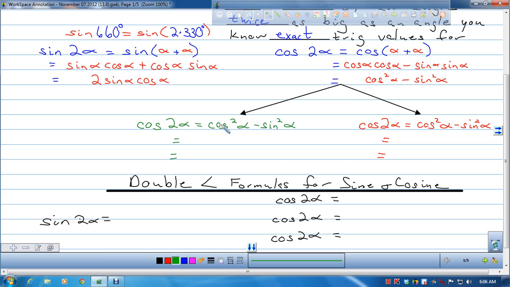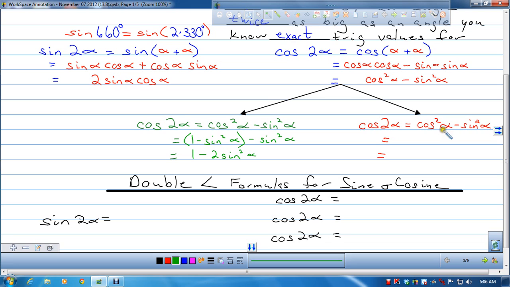So I want to turn everything into sine. Cosine squared is equal to 1 minus sine squared. We know that from the Pythagorean identity. And then minus sine squared. Well, when I combine like terms, this is 1 minus 2 sine squared alpha.